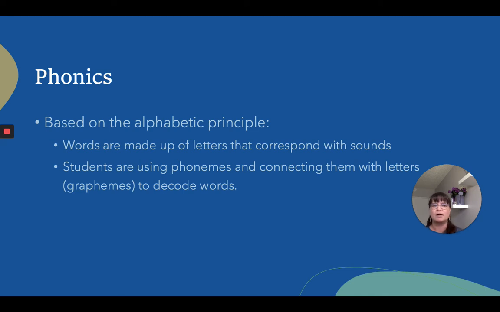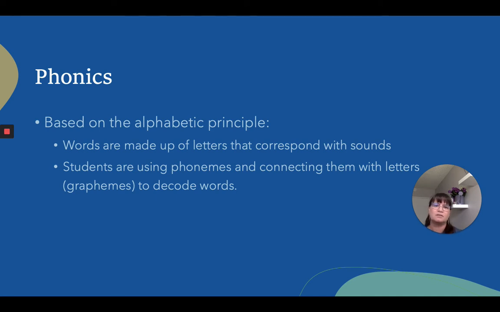There is no argument anymore. Decades of research about reading clearly indicate the data supports that explicit and systematic phonics-based instruction is what creates proficient readers. But again, it has to be based on that phonemic awareness.